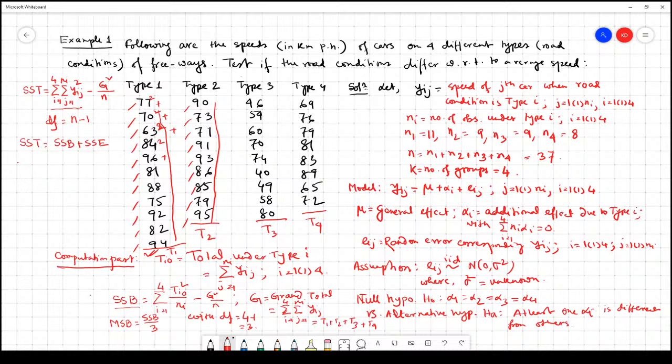So SSE is equal to SST minus SSB, with degrees of freedom n minus 1 minus k minus 1, that is n minus k, and MSE is SSE by n minus k. The F ratio is MSB by MSE.